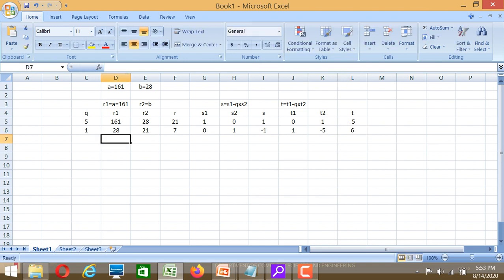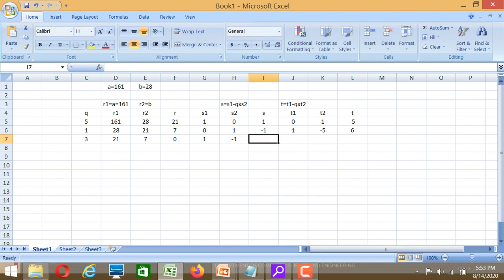Now come to here. This R2 becomes R1, this 7 becomes R2. Now the quotient value is 21 by 7. Quotient is 3. Now the remainder is 0. Come to here. The new S1 is the previous S2, this minus 1 becomes S2.